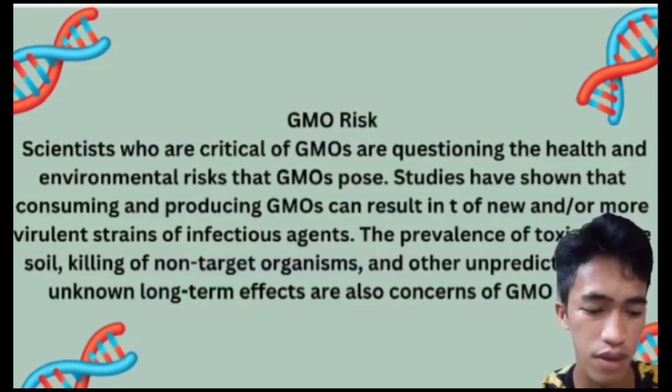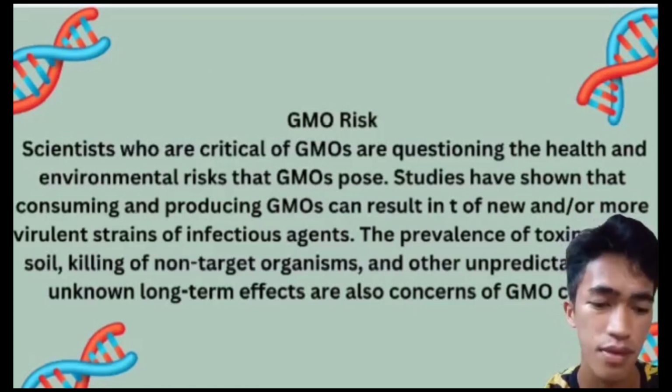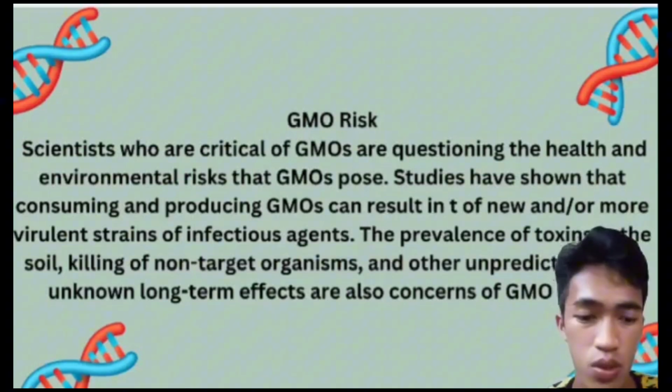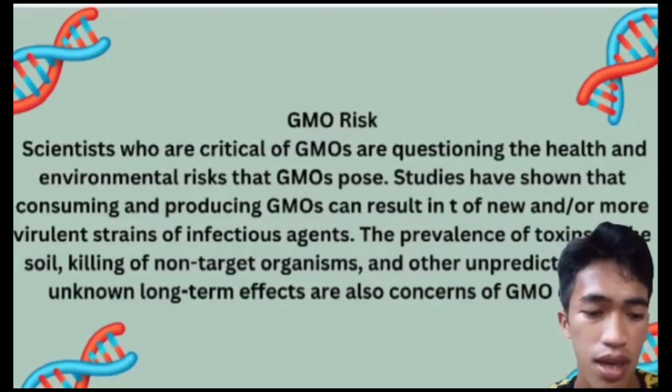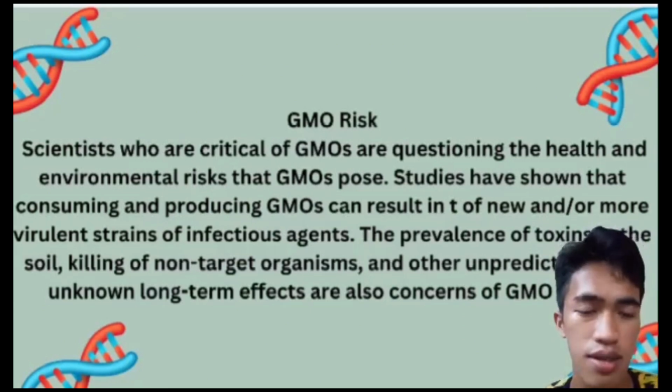The prevalence of toxins in the soil, killing of non-target organisms, and other unpredictable and unknown long-term effects are also concerns of GMO critics. The potential health risks to humans include the possibility of exposure to new allergens in genetically modified food, as well as the transfer of antibiotic-resistant genes to gut flora.